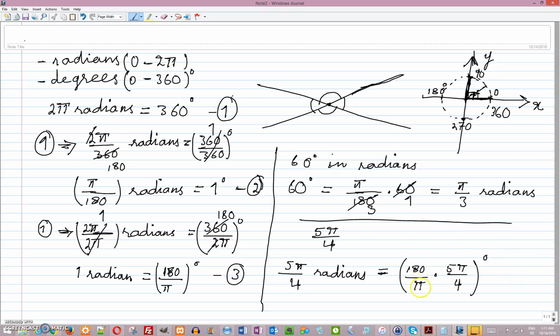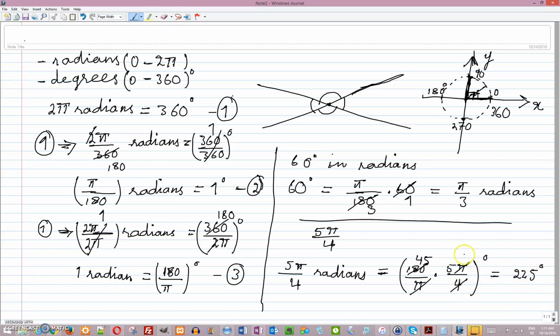And so you can simplify this by getting rid of the pi's here, and then 180 divided by 4 is, let me see, 180 divided by 2 is 90, 90 divided by 2 is 45, so this would be 45 and this would be 1, and 45 into 5 would be, 40 into 5 is 200, and 5 into 5 is 25, so it's 225 degrees, which is correct.